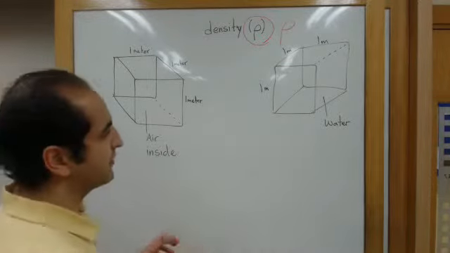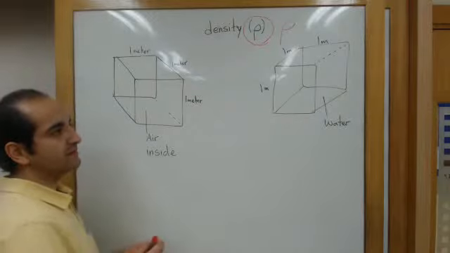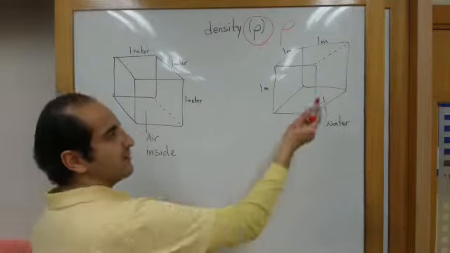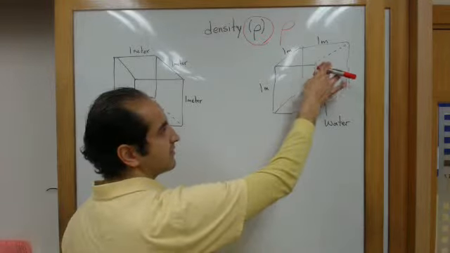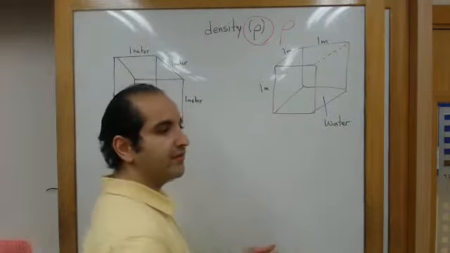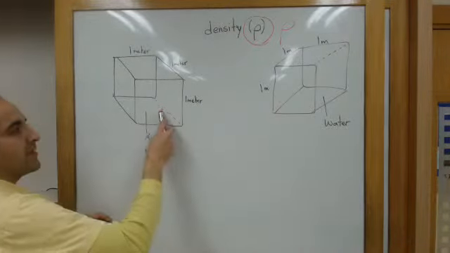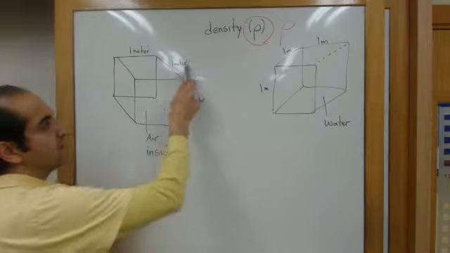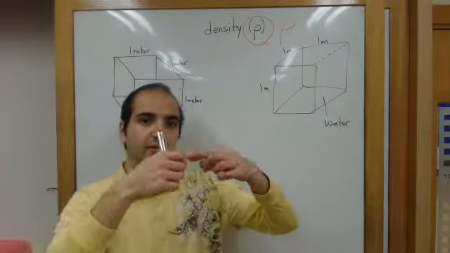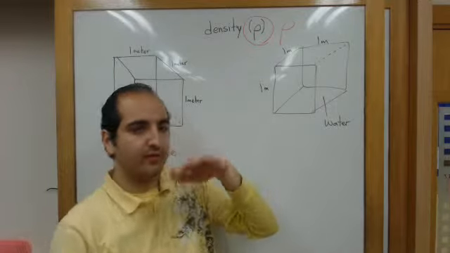Maybe it was too difficult, but there was a pretty good picture. But I drew another picture up here. Density means, imagine a box that's 1 meter, 1 meter, 1 meter. There's 1 meter in every direction. And here's another box, same size. The length is 1 meter, the width is 1 meter, and the height is 1 meter.